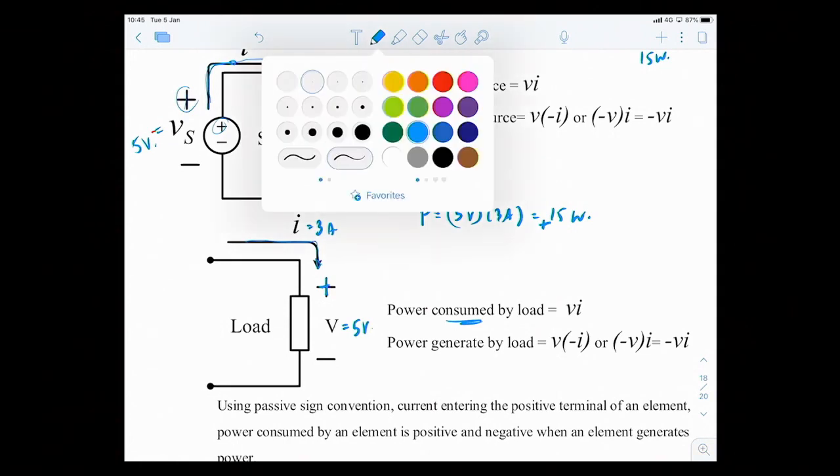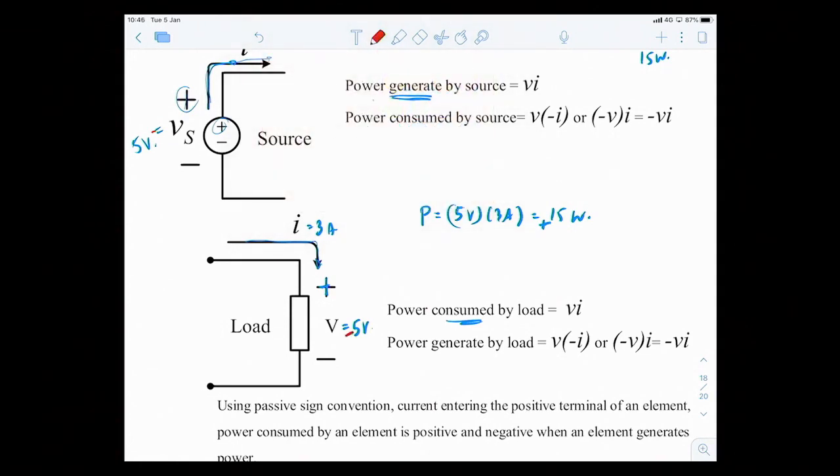If I have, let's say, V equal to minus 5, then P is equal to minus 5 volts times 3 amps, which is minus 15 watts.